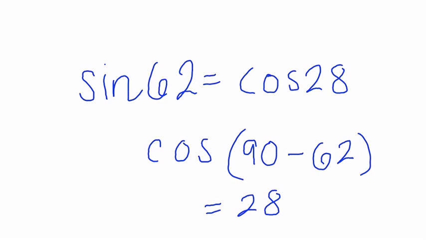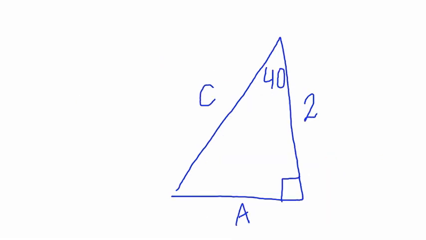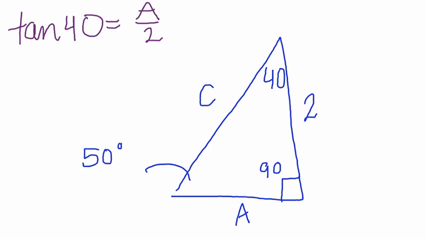Here's a right triangle with some missing lengths and angles. The angles are easy because we already have 40 and it's a right triangle, so this is 90. Remember that all right triangles' angles add up to 180 degrees, so 180 minus 90 minus 40 is 50 degrees. So now you want to find C and A. In order to find A, you want to find the opposite of 40.